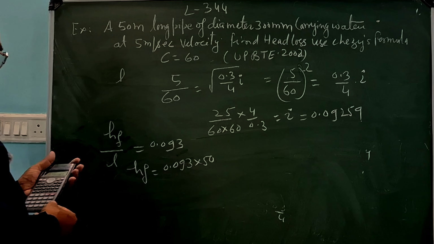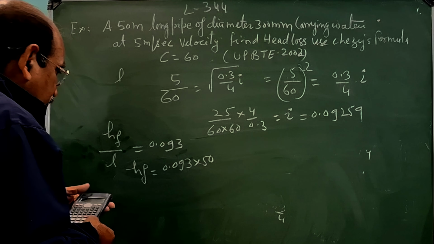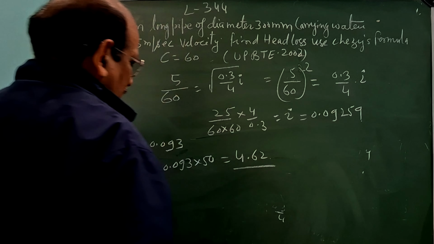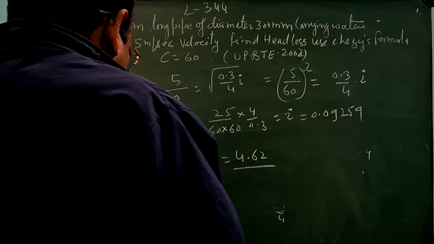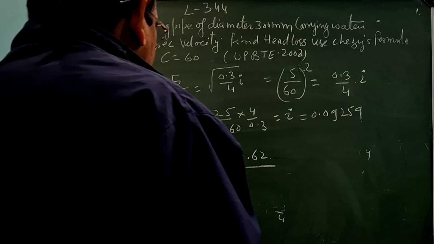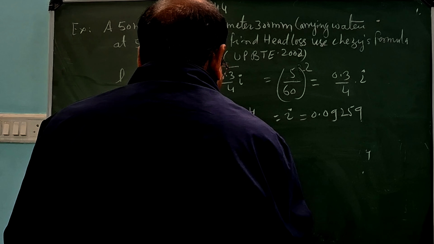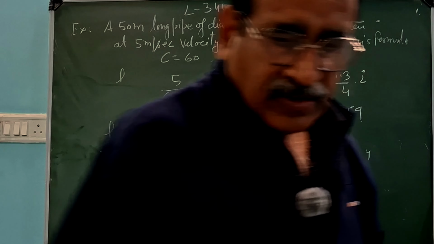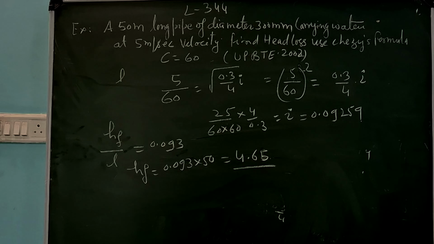This is giving 4.65. This is your HF. So with the help of this you can find out your HF, head loss is 4.65 meter, you can say.